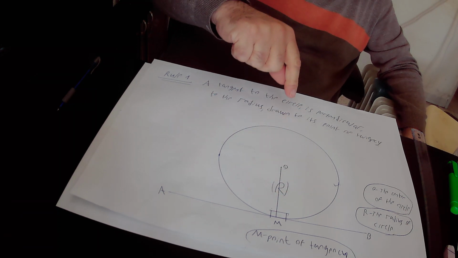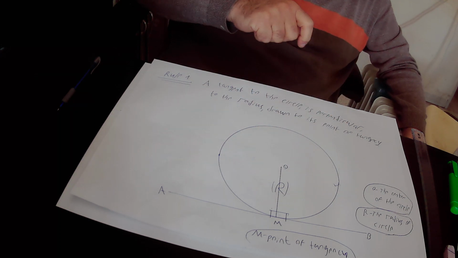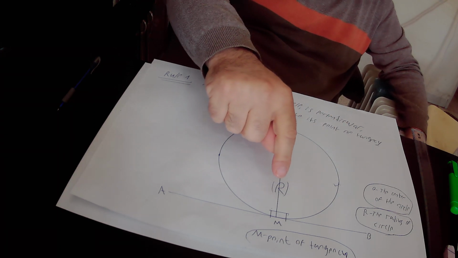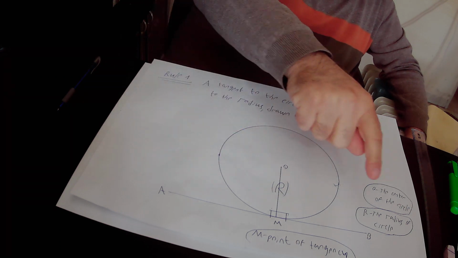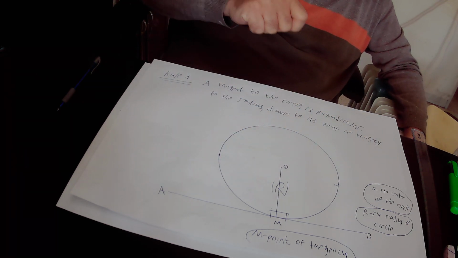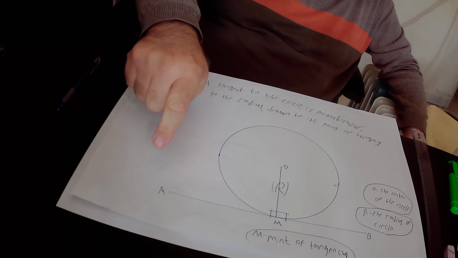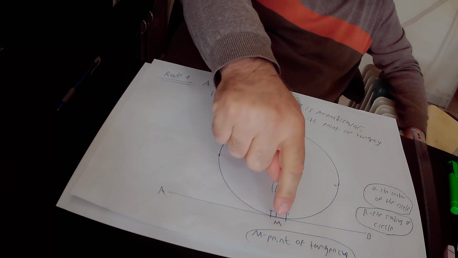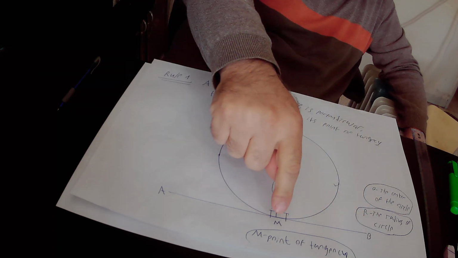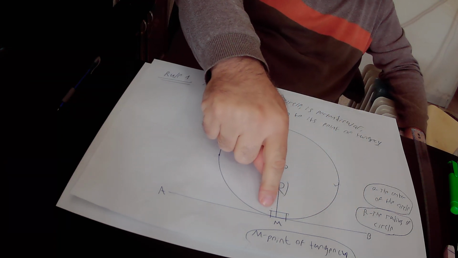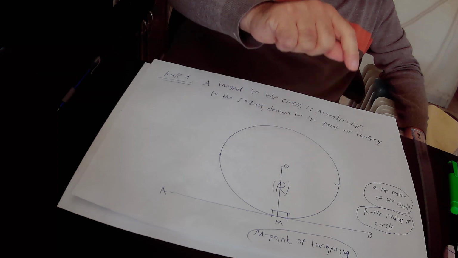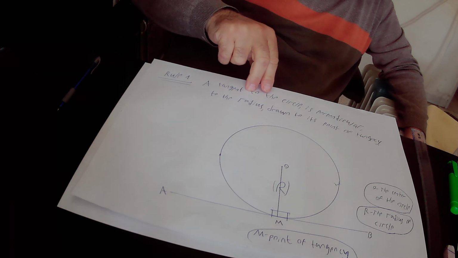And we have the radius OM that is drawn to the point of tangency. Whenever we have a radius that is drawn to the point of tangency, then the tangent AB will be perpendicular to the radius MO. If AB is perpendicular to MO, it means that this angle equals 90 degrees, and this angle also equals 90 degrees, according to rule number 1.